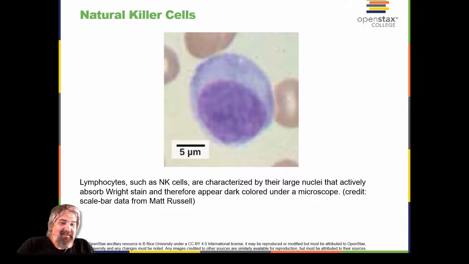These guys identify infected cells, like with a virus. Normal healthy cells will present a sample of themselves, like their passport or their ID, if you will, to interrogating immune cells like natural killer cells. If everything looks normal, then the natural killer cell will move on.